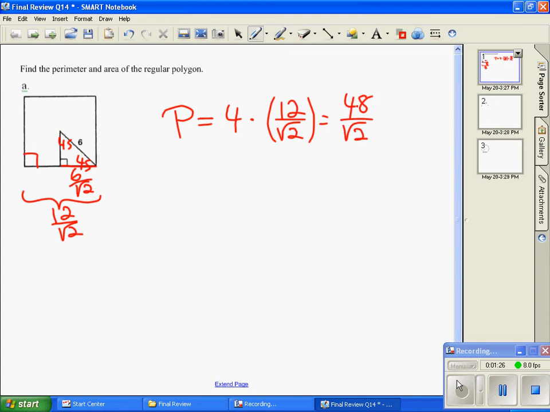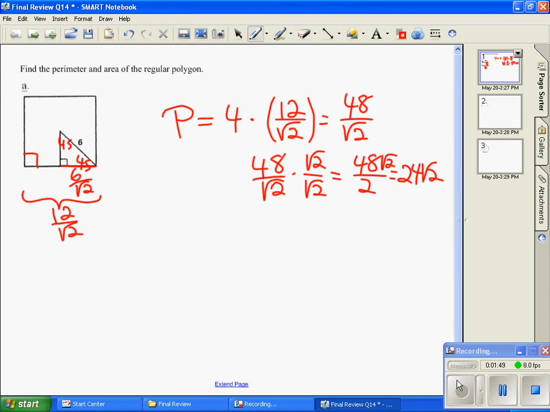Now, if we wanted to leave it in terms of square root, we would have to rationalize the final answer. So I'm going to do that right now, just so you see how to do it again. Multiply top and bottom by square root of 2. So 48 square root of 2 over 2. So that's 24 square root of 2.